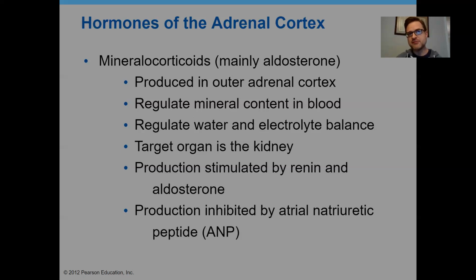For example, if your blood becomes dehydrated, there isn't enough water in your blood, that makes your blood pressure drop, right? So if your blood pressure drops, one thing your body does is produce things like renin or aldosterone to increase the water content of your blood, which increases your blood pressure.